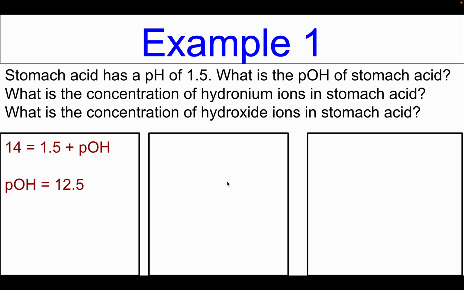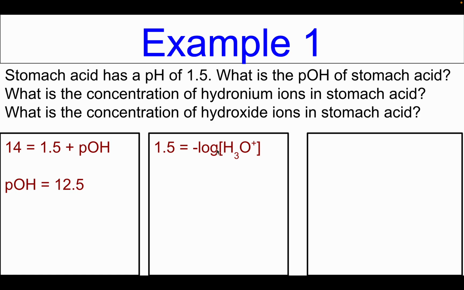For that one, we're going to use the formula pH equals negative log of hydronium ion concentration. I know the pH is 1.5, so that's the negative log of the hydronium ion concentration. To solve for the hydronium ion concentration, you first divide both sides by -1 to get rid of that negative sign. So we get -1.5 equals the log of the hydronium concentration.